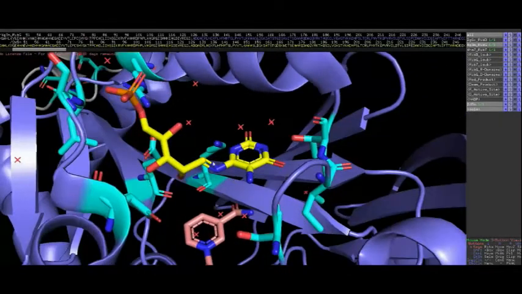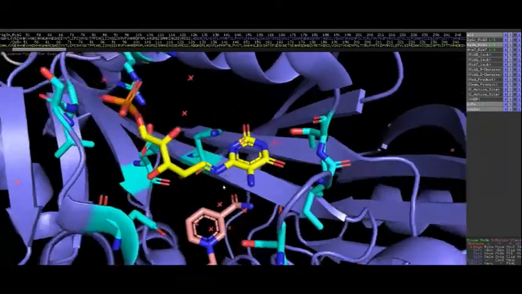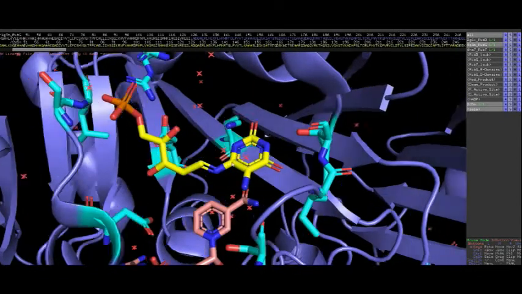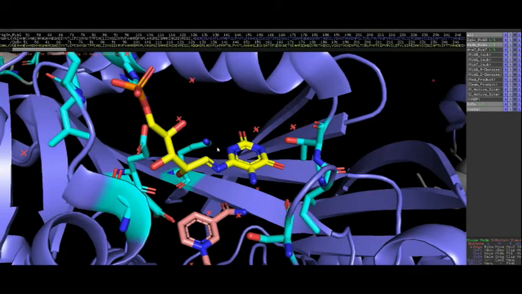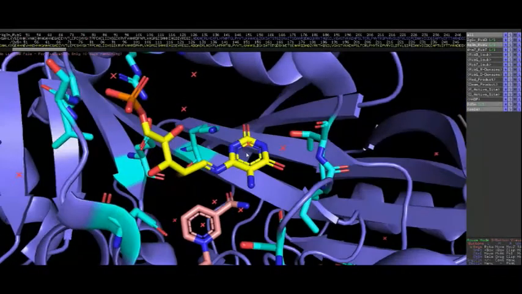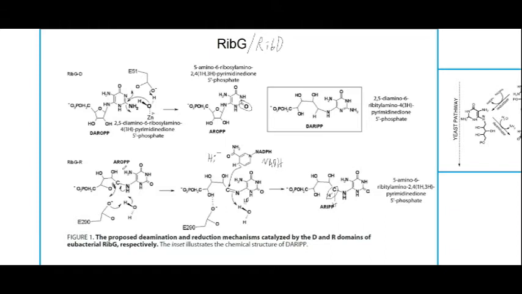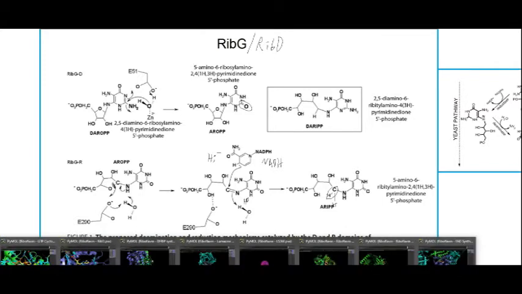And we see that that is brought close here where it's going to reduce the cyclic ribose here. So this is actually the product of that. So we know from our mechanism here that it's breaking the carbon to oxygen ether bond here to linearize that.